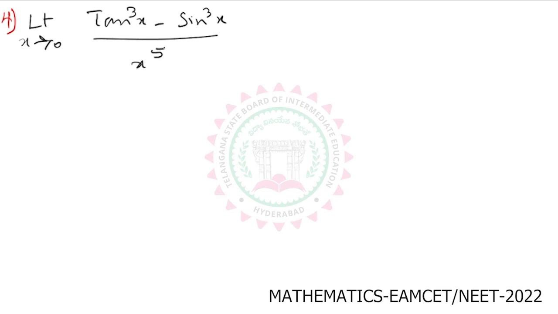Limit x tending to 0, tan cube x minus sin cube x whole divided by x power of 5. Right?